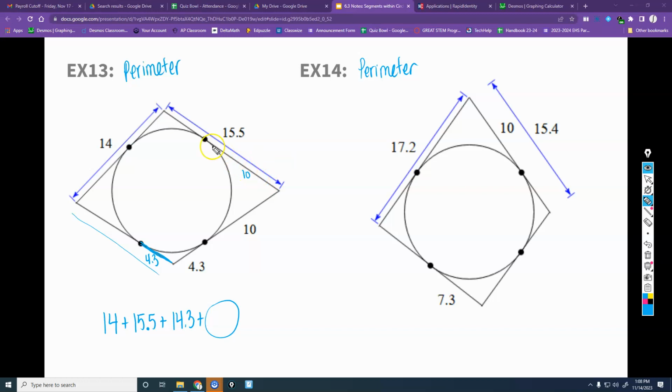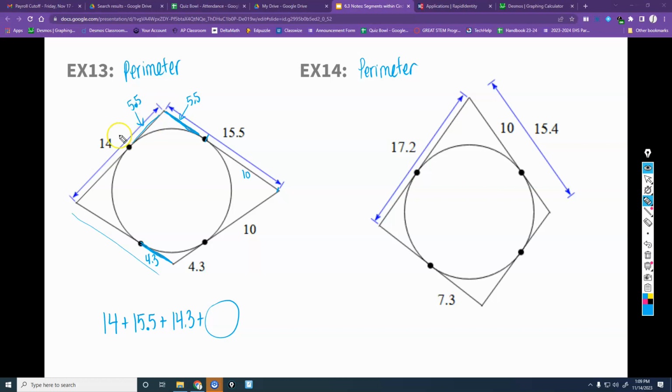All right, so this piece right here is 10. So what is this piece right here? The whole thing's 15.5. So this would be 5.5. Right? If that's 5.5, then this right here is also 5.5.